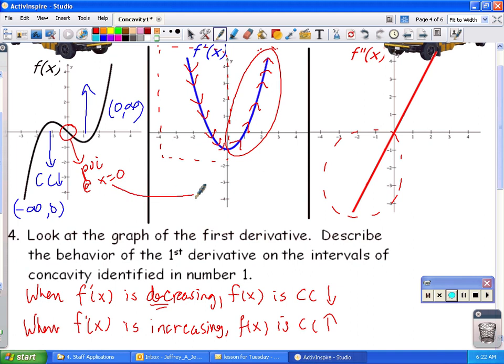Well, if you look over here at x equal to 0, wherever there is a point of inflection on the original function, the point of inflection of f of x will appear as a local max or a local min on the first derivative, which makes sense because we said over here on the second derivative, wherever the second derivative is 0, we have a possible point of inflection. Well, that makes sense, that the derivative of the first derivative at this local minimum would be 0.